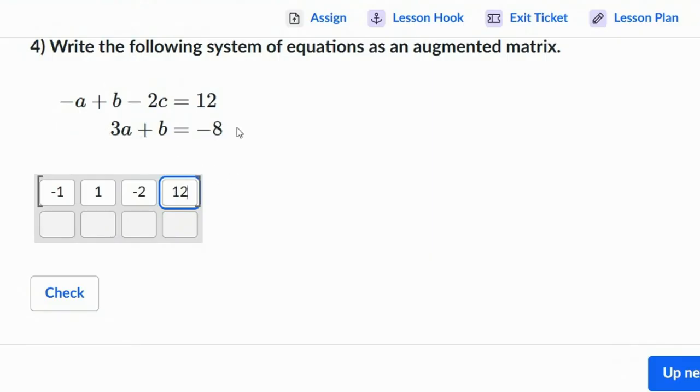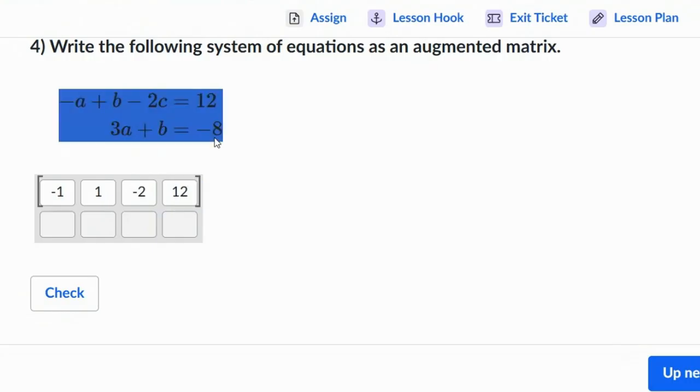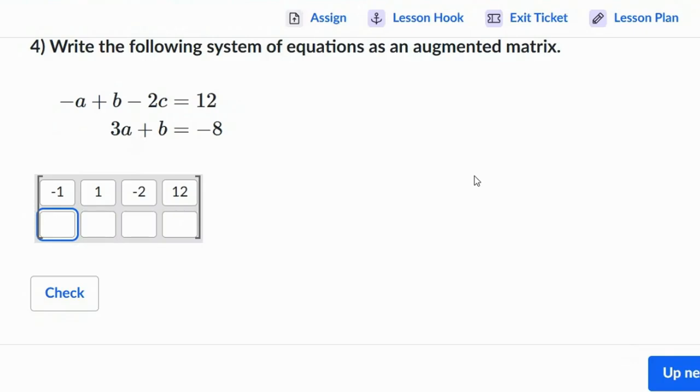All right. Try the second row. We've got 3A plus B equals -8. What are the numbers that go in the second row? All right, Summer's got an answer out there. We know from the first equation that this is the A, the B, and the C. A column, B column.